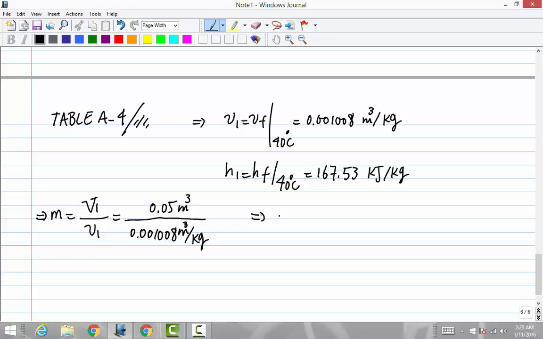And here we find the mass, 49.61 kilograms. Perfect. Let's go to the second question, the final temperature.